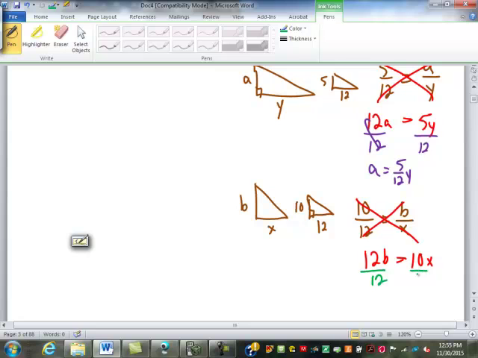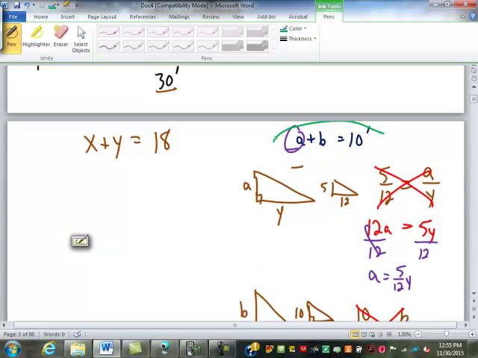I divide by 12 to get that b equals 10/12 x, or 5/6 x. So I can come up here and I'm gonna rearrange this a little bit. I'm gonna put b first, which is 10/12 x, plus a, which is 5/12 y, equals 10.